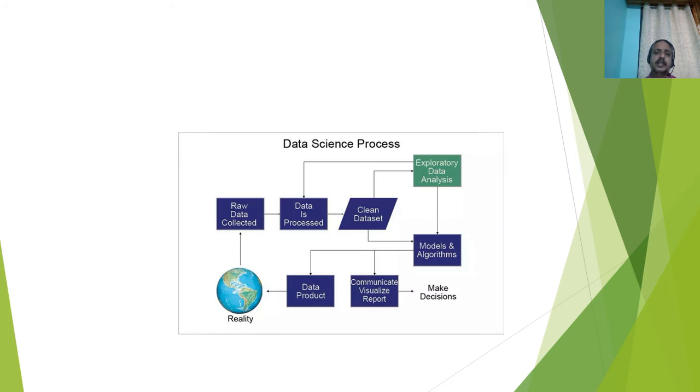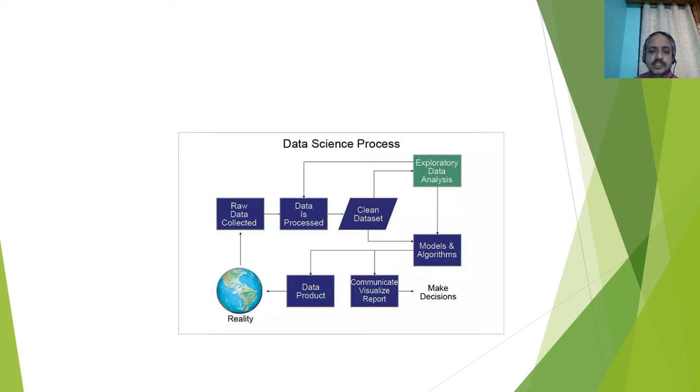Once you feel the data is worth taking to the next level, we go with the models. See here, the blue one, the models and algorithms box. Then we apply the statistical models and various algorithms to test whether we are getting the desired result. If you're getting the desired result, you convert it into visualizations or reports suitable for making decisions.